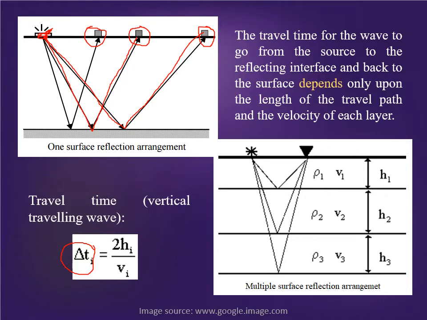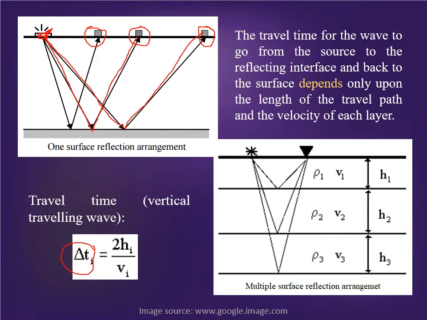So at each and every layer interface, that is, whenever the ray faces some kind of change in lithology, due to this change in lithology, the density of this medium or layer is changed, and due to that the velocity of the wave within that layer is also different.